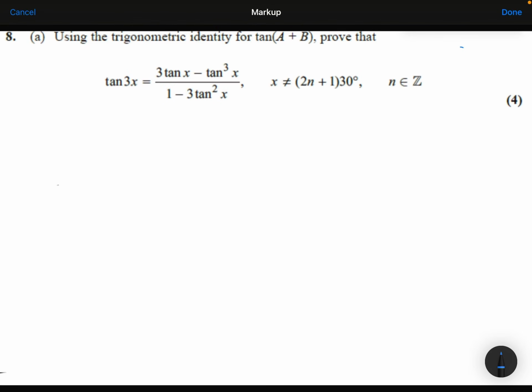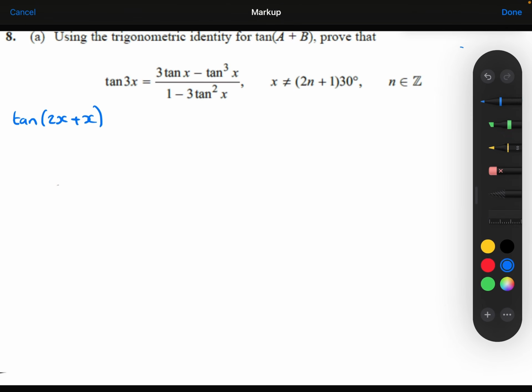Using the trigonometric identity for tan(a + b), prove that tan 3x is equal to that fraction there. So I'm going to rewrite tan 3x as tan of 2x plus x. This is the same as that.